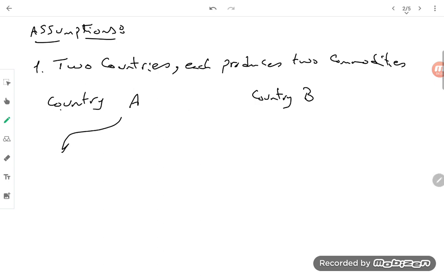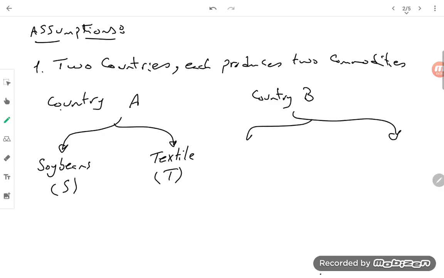So country A will produce soybeans and textile, and country B is going to produce soybeans and textile. There aren't any other commodities that can be produced worldwide except soybeans and textile.